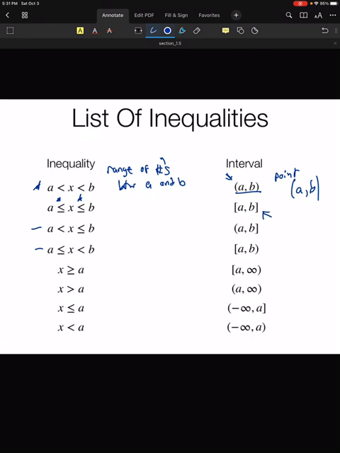When we move down to the second four, where x is not in between something but either greater than or less than, the interval representation goes to infinity or negative infinity at the end. I'm not going to dwell on each of these because I think we have a good understanding of what they mean.